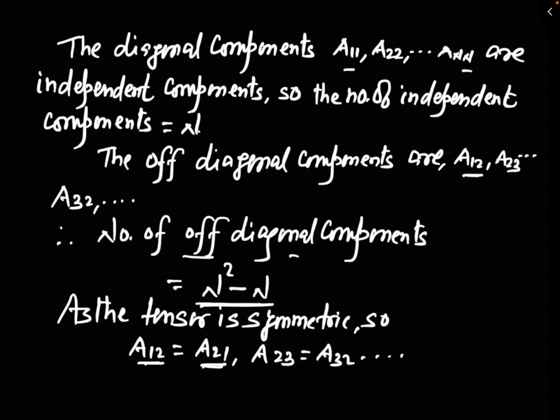So the total number of off-diagonal independent components will be just half of the total number of off-diagonal components.